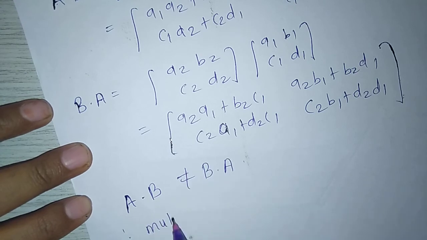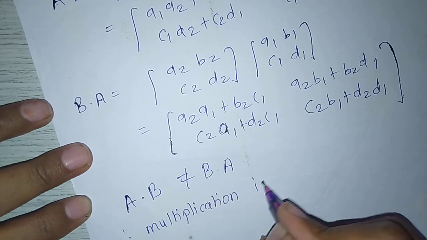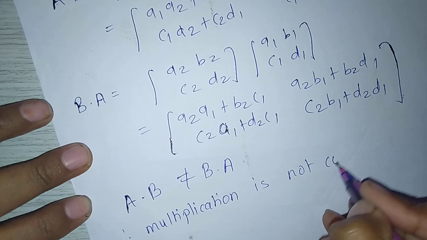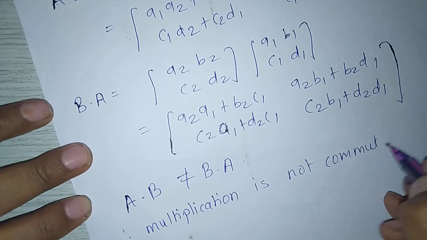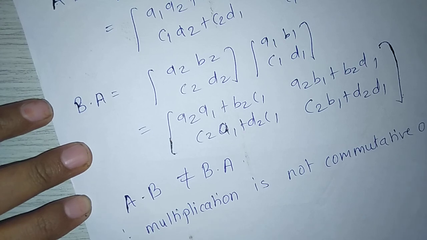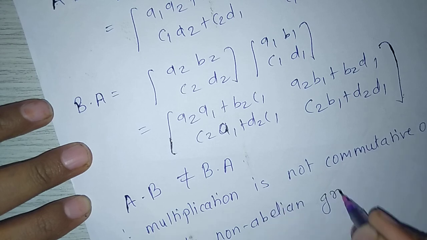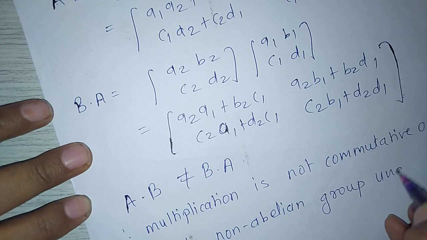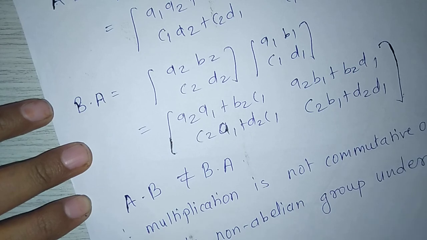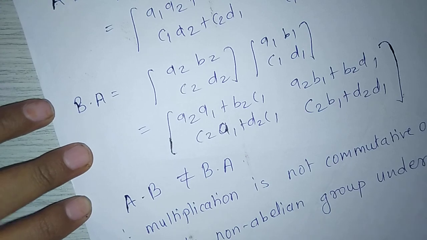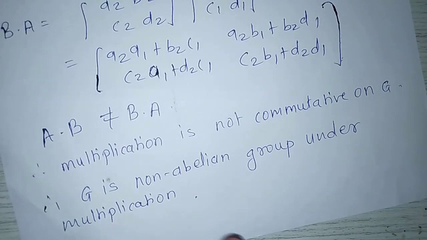Therefore, multiplication is not commutative on G. Therefore, G is a non-abelian group under multiplication. Here we stop.